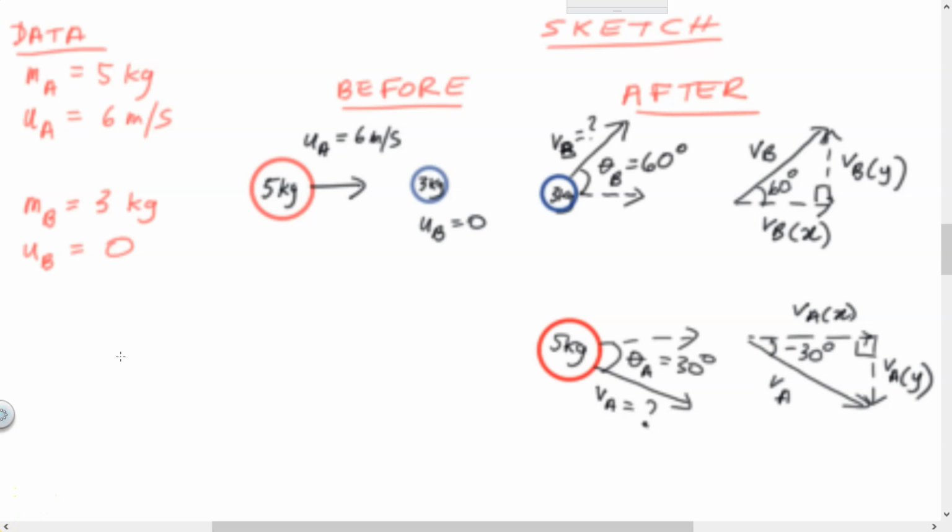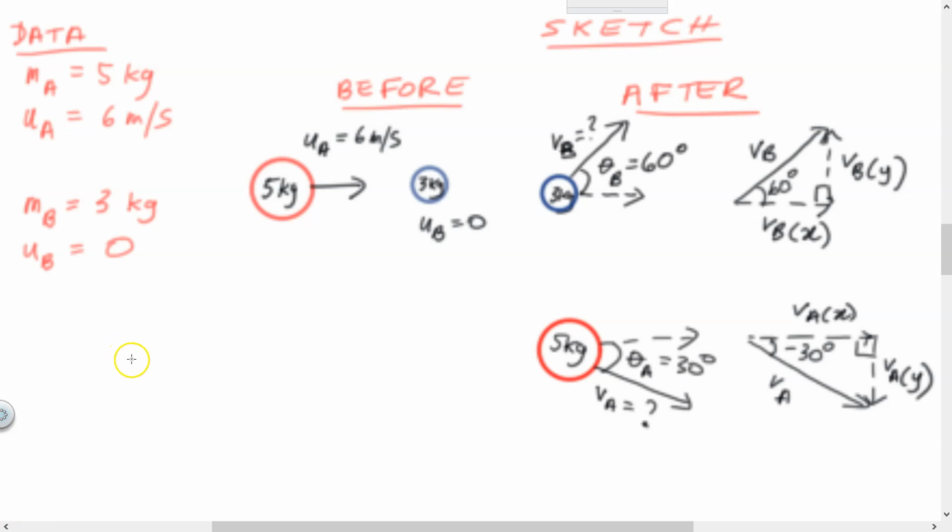So when momentum is conserved in two dimensions, it means that the total momentum before collision is equal to the total momentum after collision in both the horizontal and vertical directions.